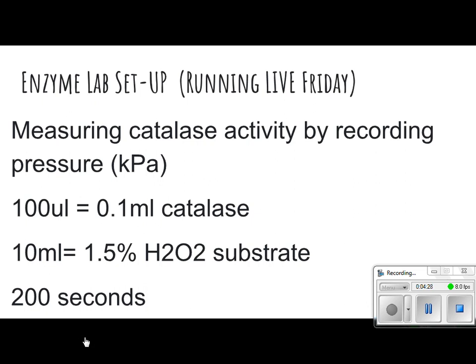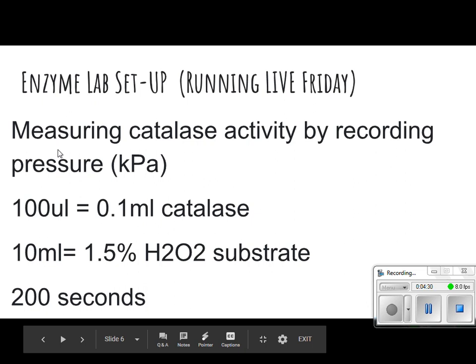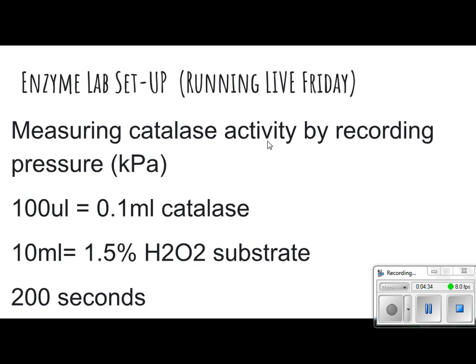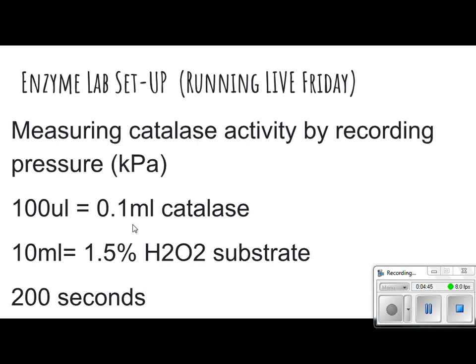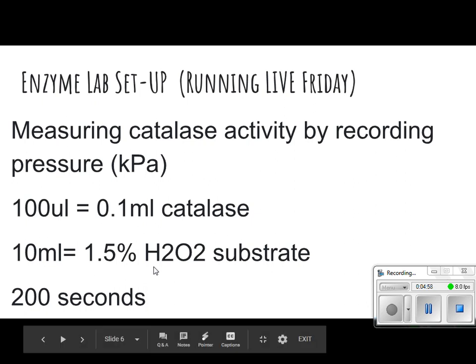Some of the data that you're going to want to remember as you're working on this lab design is that we're measuring catalase activity, and we're going to be measuring it in kilopascals. Some unit conversions as you're working with the catalase is that 100 microliters is the same as 0.1 milliliters of catalase, and when we deal with 10 mLs, we're working with a 1.5% hydrogen peroxide substrate.